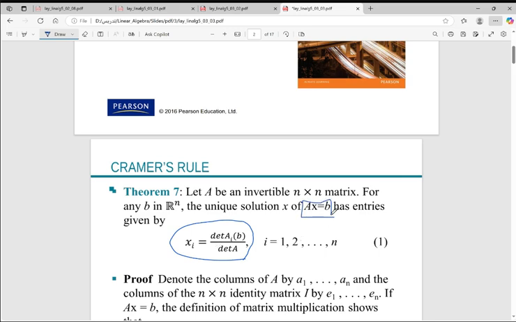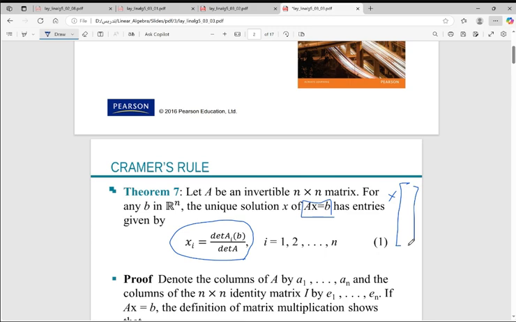So Ax equals b is a system of linear equations. It has a solution because A is invertible. We have a vector x with n entries, x1, x2, etc., xn.